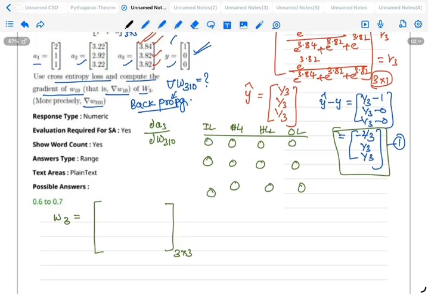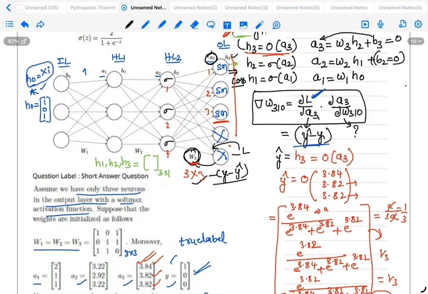W3 matrix, right? In every layer, this one is the first neuron, and all row values are the same.